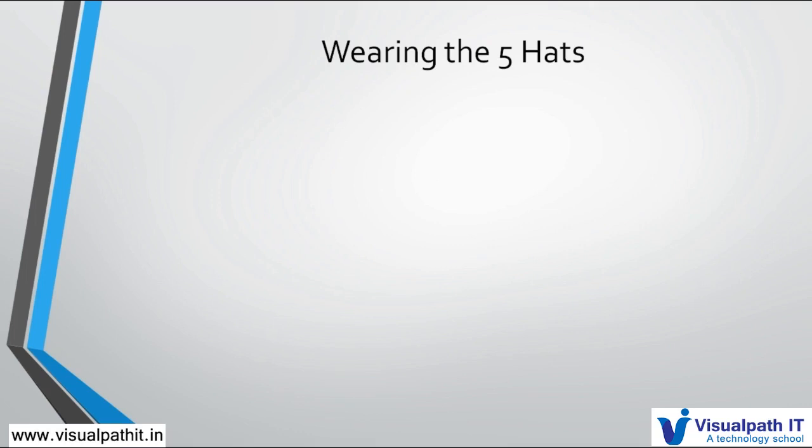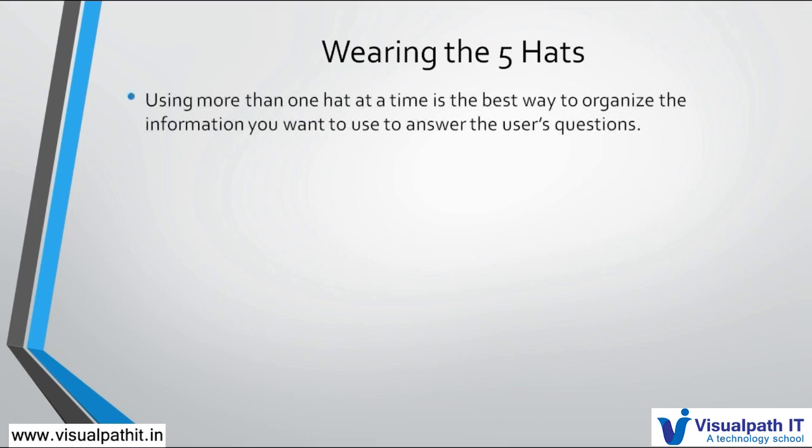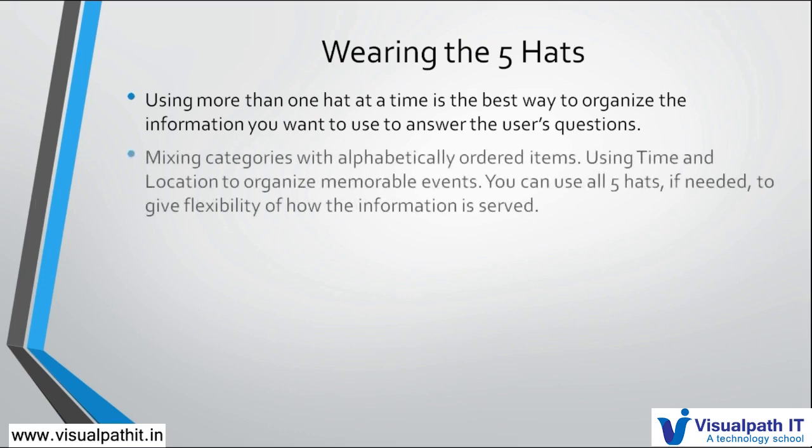Next, wearing the 5 hats. Using more than one hat at a time is the best way to organize the information you want to use to answer the user's questions. Mixing category with alphabetical order, items using time and location to organize memorable events. You can use all 5 hats if needed to give flexibility in how the information is served.